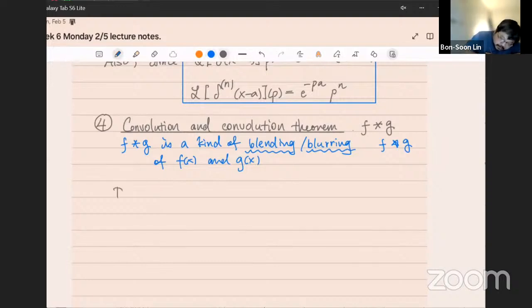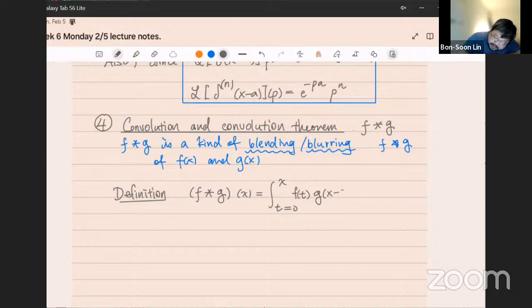So here's our definition. The convolution of two functions, f star g, is a function of x given by the integral for t going from 0 to x of f of t times g of x minus t dt.